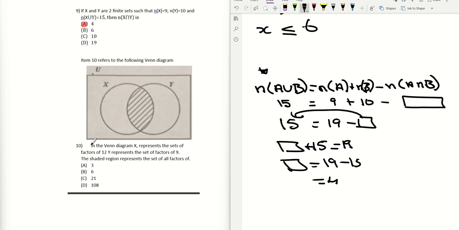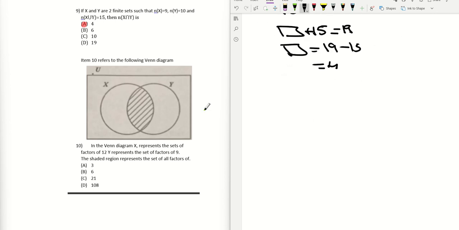Let's look at this one. Number 10 says the item 10 refers to the following Venn diagram. In the Venn diagram, X represents a set of factors of 12 and Y represents a set of factors of 9. The shaded region is the set of factors that they have in common. What do X and Y have in common? What are your factors of 12?